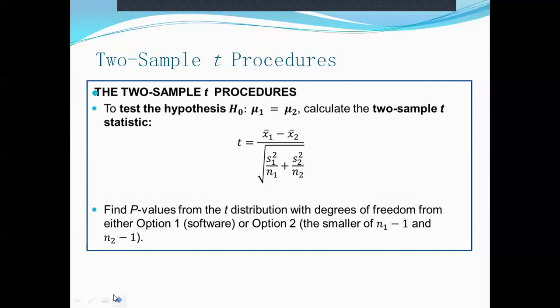So it's just the difference in the sample means divided by the standard error for the difference in the sample means. Find p-values from the t distribution with degrees of freedom from either option 1, the software, or option 2, the smaller of n1 minus 1 and n2 minus 1.